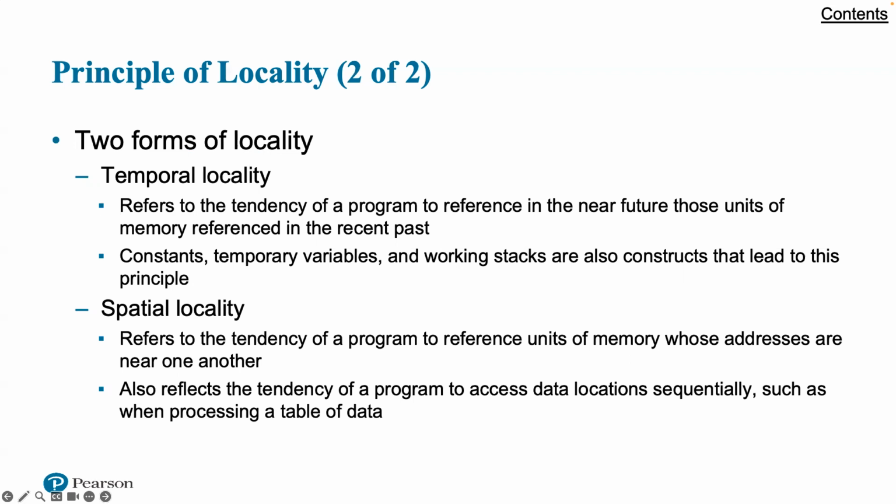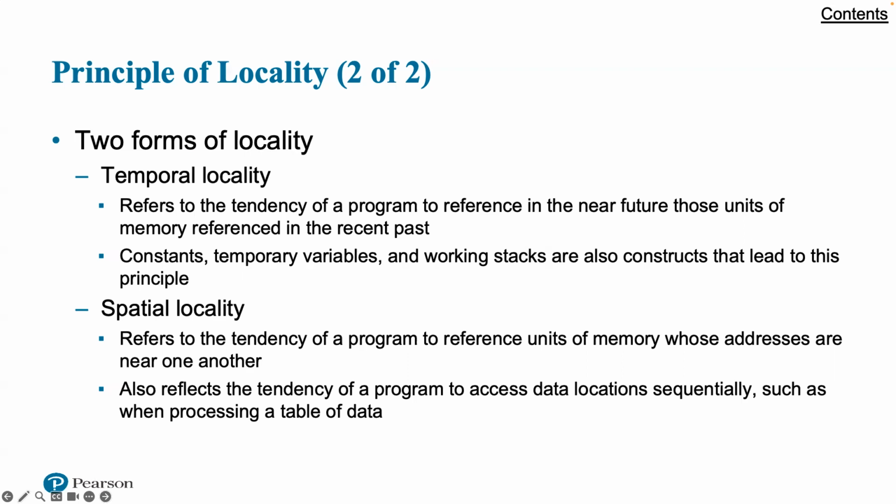And then number two, spatial locality refers to the tendency of a program to reference units of memory whose addresses are near one another. That is, if a unit of memory X is referenced at time T, it is likely that the range X minus K through X plus K will be referenced in the near future, for a relatively small value of K. This reflects the tendency of a processor to access instructions sequentially.